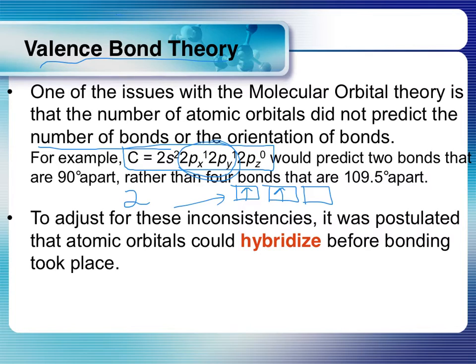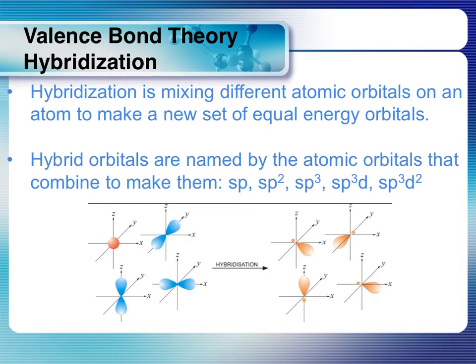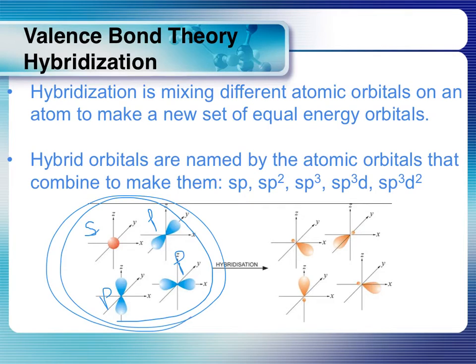The whole key of valence bond theory is that the atomic orbitals on one atom can mix and make new hybrid orbitals before bonding. That won't make sense until we see an example. Say we have an atom that has an s orbital and three p orbitals. Valence bond theory says that all of these individual atomic orbitals can hybridize, that is, mix together to make equivalent-energy hybrid orbitals.